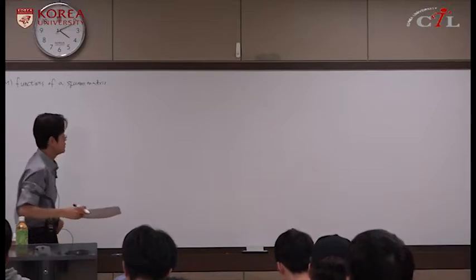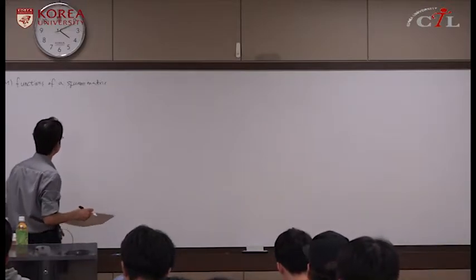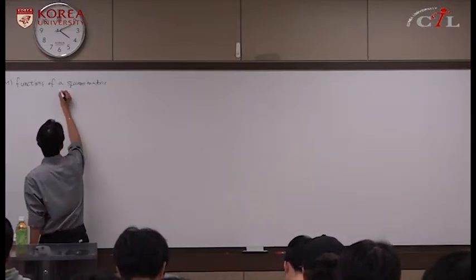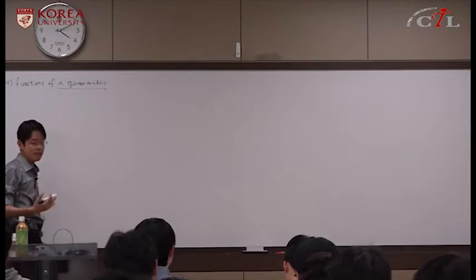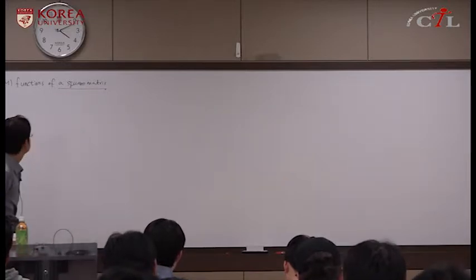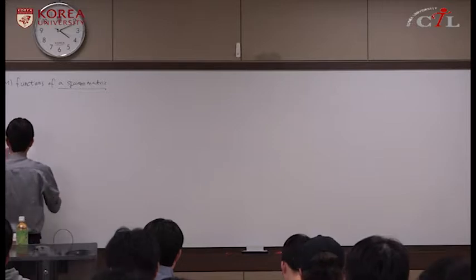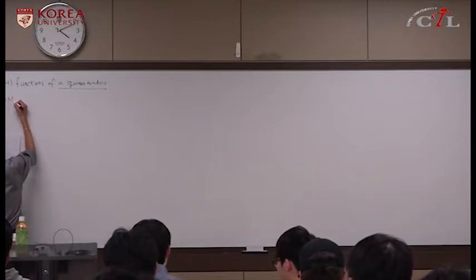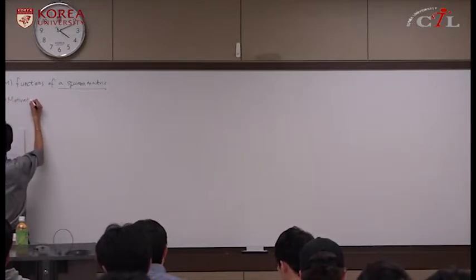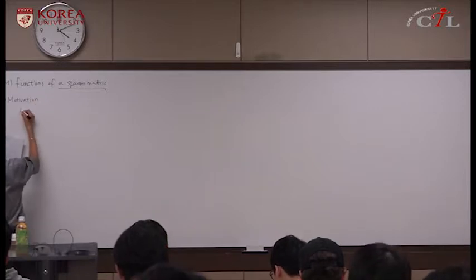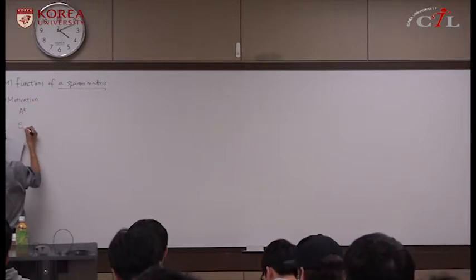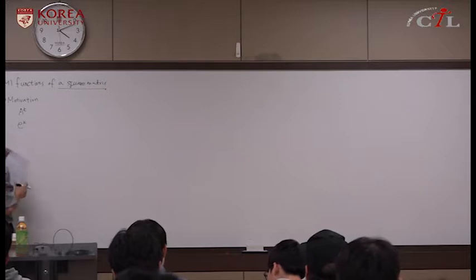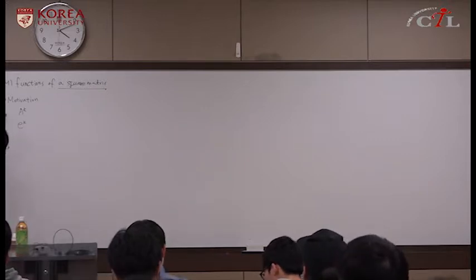Functions of a square matrix. Now we return to a square matrix. Again, we return to a square matrix. Motivation is that can we find A to the k, or can you find exponential of A k?